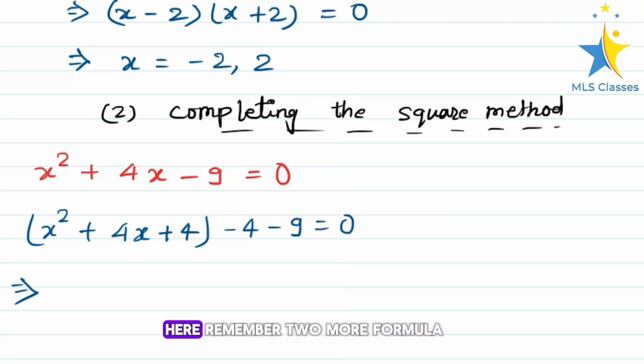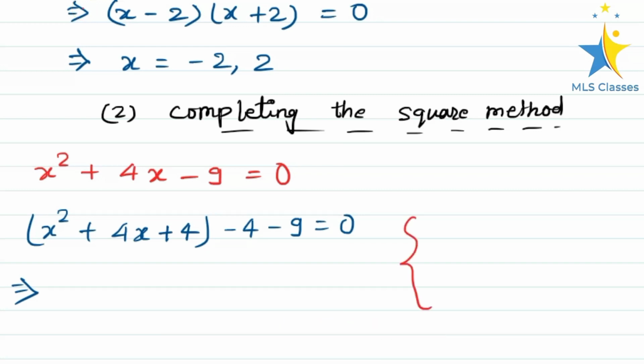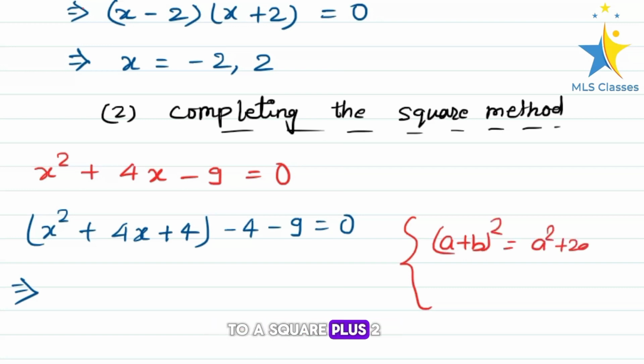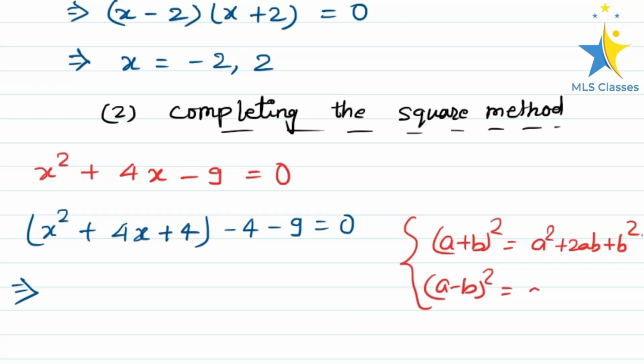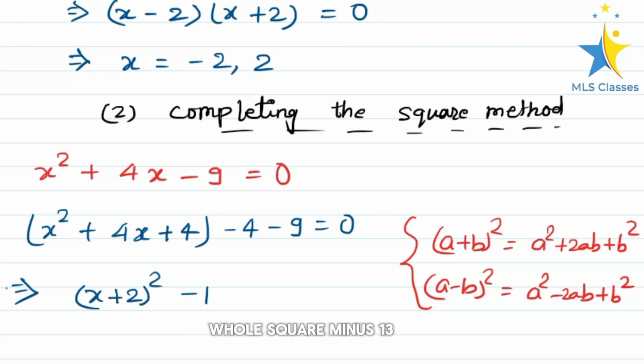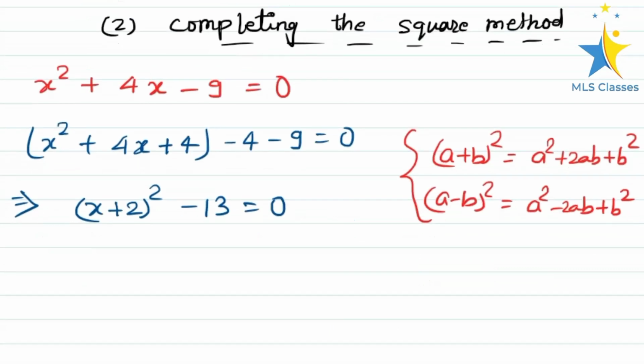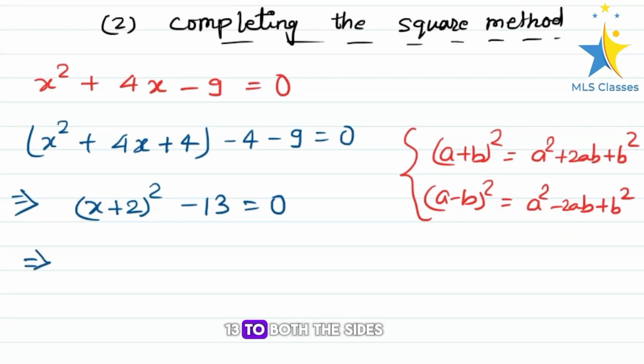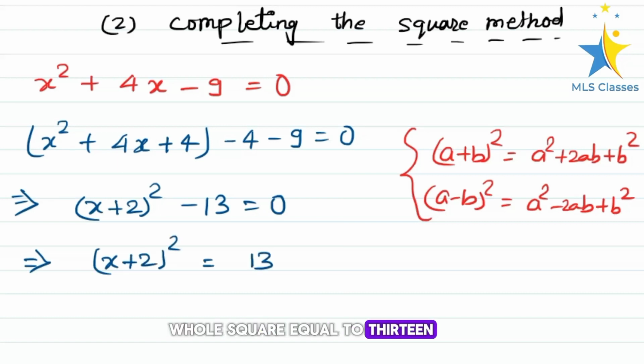So from here we will be getting x square plus 4x plus 4. Now you have to remember two more results basically. A plus b whole square is equal to a square plus 2ab plus b square, and a minus b whole square equals a square minus 2ab plus b square. Here you can see the first result is satisfied, so this can be written as x plus 2 whole square minus 13 equal to 0. We can add 13 to both sides, so we'll get x plus 2 whole square equal to 13.